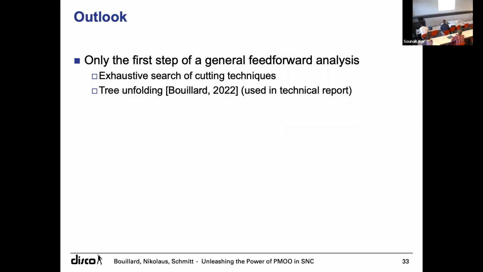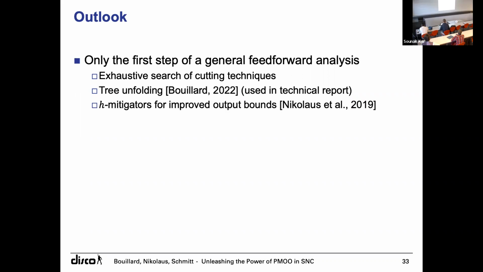Then one technique that can be applied, we actually also use it in the technical report, is the so-called tree unfolding. This is an open direction. Also, there is a technique called H-mitigators to improve upon output bound calculations, but how to integrate that into the PMOO analysis is also an open topic.